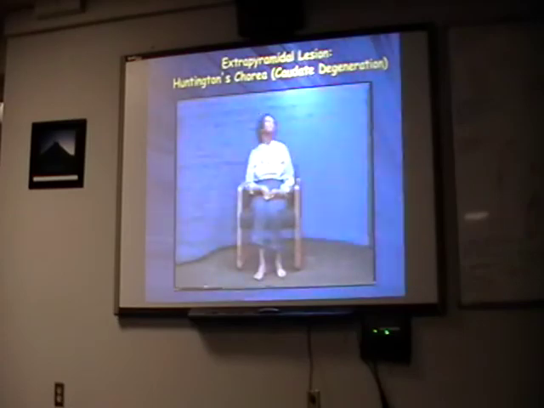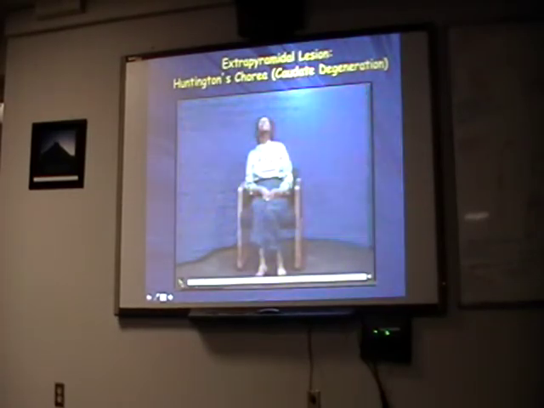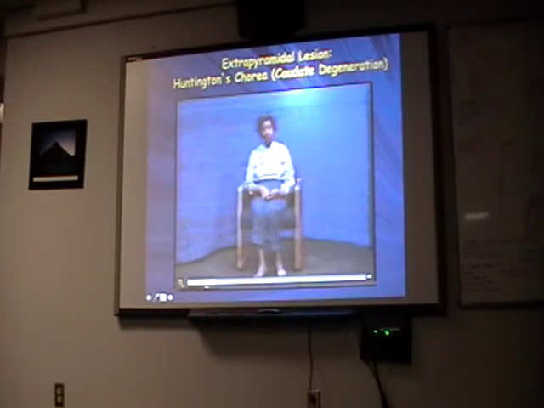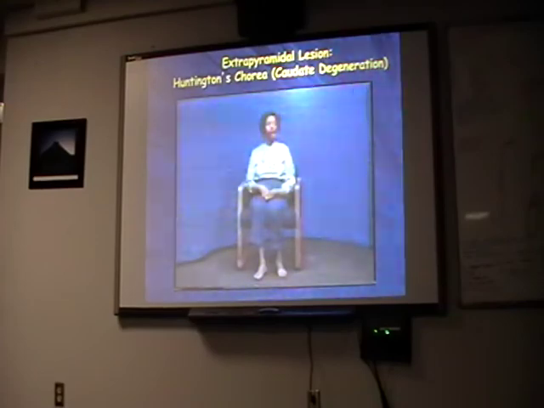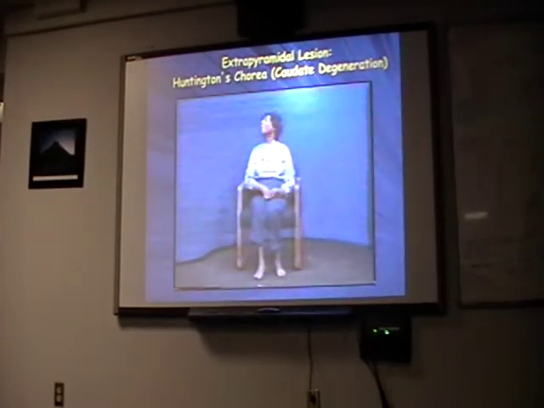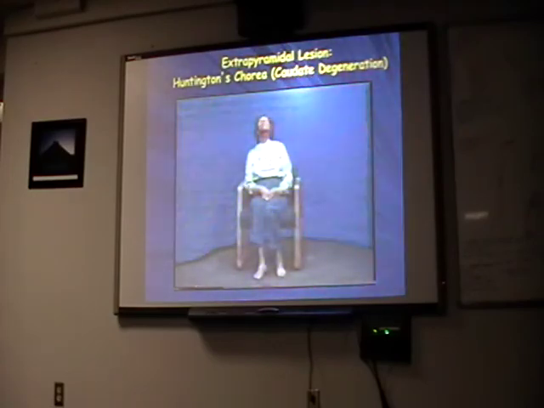You see titubations or movement of the postural muscles, so she can't maintain herself still. So that's Huntington's chorea. Again, we see that involuntary movement, and these are much more rotary-like. They're not flailing like the hemiballistic movements.